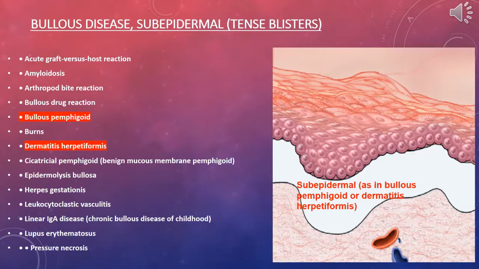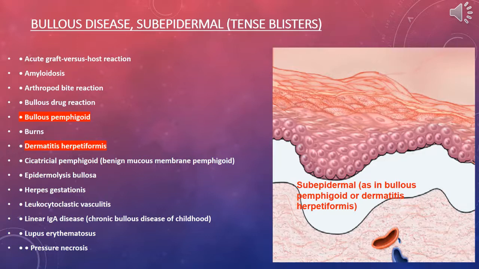The second division is bullous disease in the subepidermal region. They are tense blisters, in contrast to the suprabasal ones, which are fragile. There is a very broad list, but again the important ones for you are bullous pemphigoid and dermatitis herpetiformis.